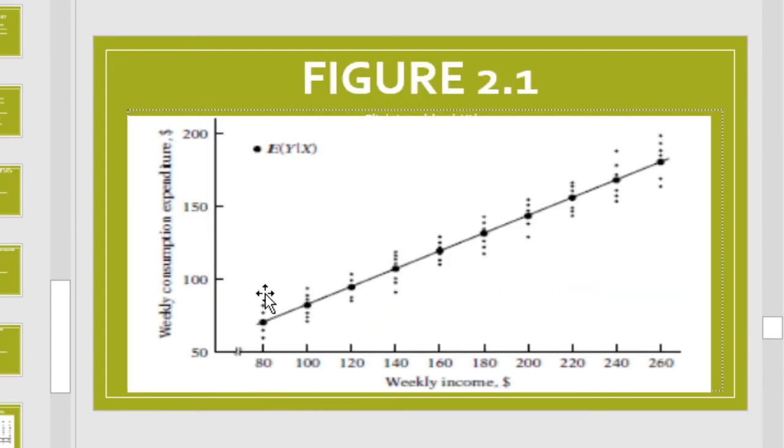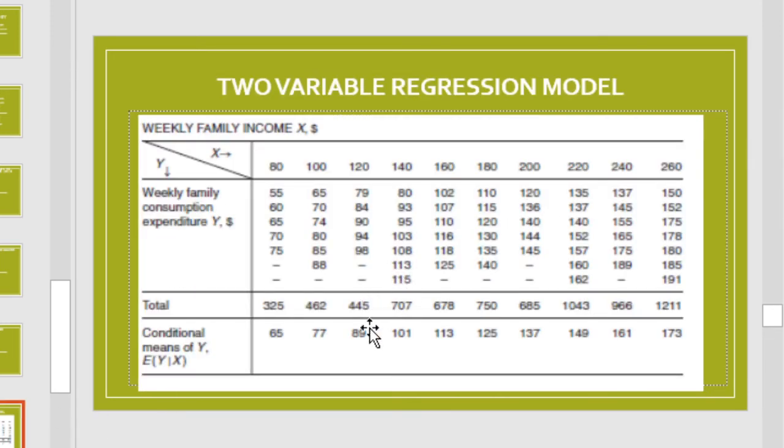But even though there are variations within the group, we could see that as income increases, consumption expenditure also on an average increases. Its mean value is given here corresponding to each group. The mean values are given as 65, 75, 89, etc. These mean values are known as the conditional expected value, given as the conditional mean of Y.